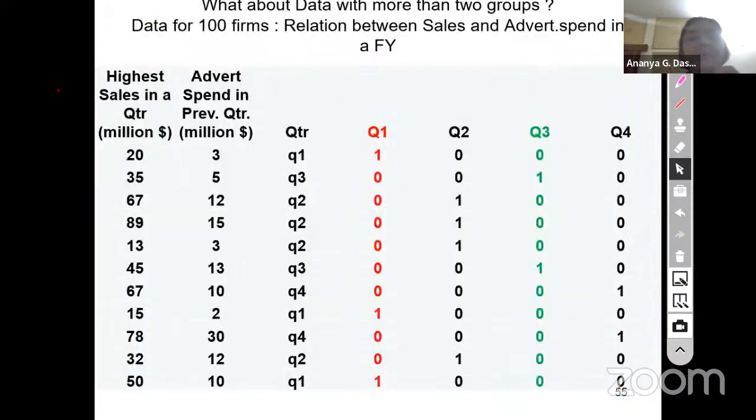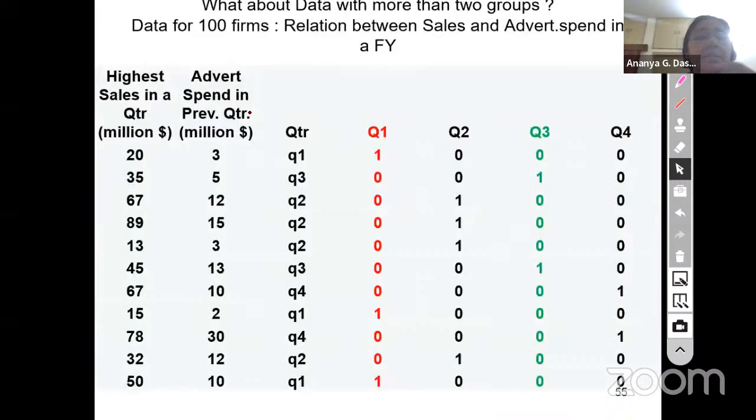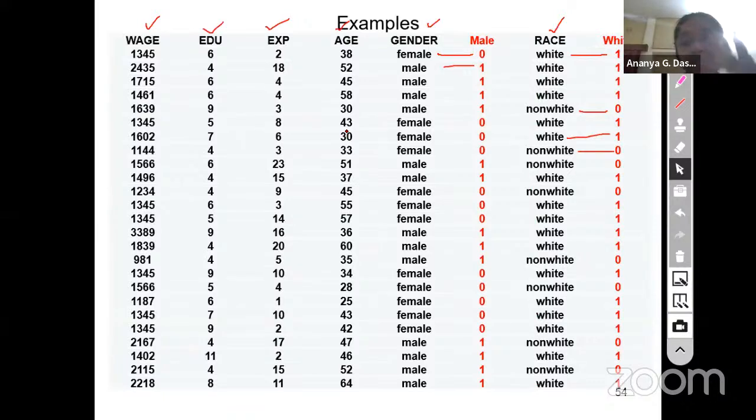Now, sometimes you actually have more than one category in the data, and not just 2. Earlier I showed you male, female, white, non-white, with 1 and 0.